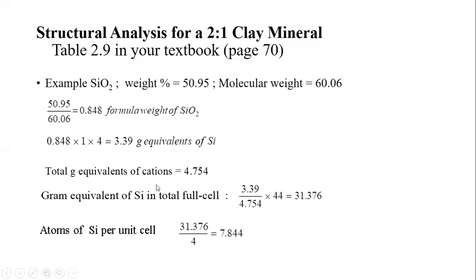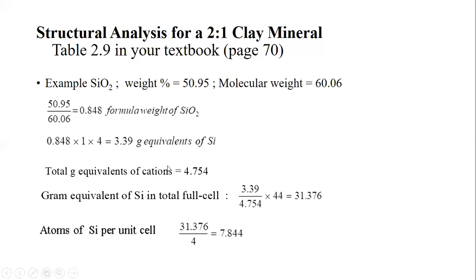So we have total gram equivalents of cations in all. If you look in your table, add them all, it will be 4.754. Total of the gram equivalents, if you add them for that particular example, 4.754. All the equivalents, all the moles of charge. The gram equivalent of silicon in total full cell.